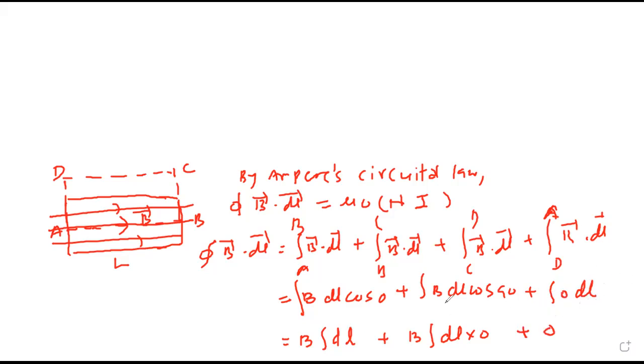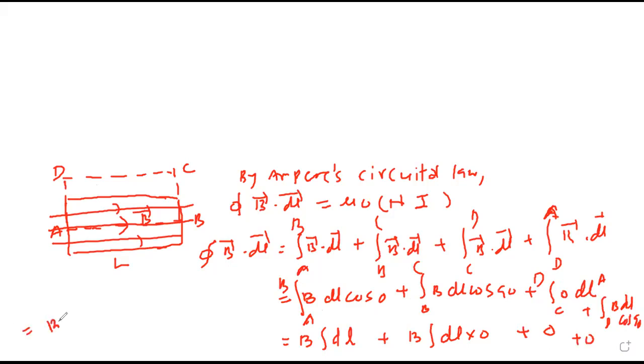Fourth one, D to A, again field is perpendicular to the conductor, so it will be B dl cos 90, which is also 0.